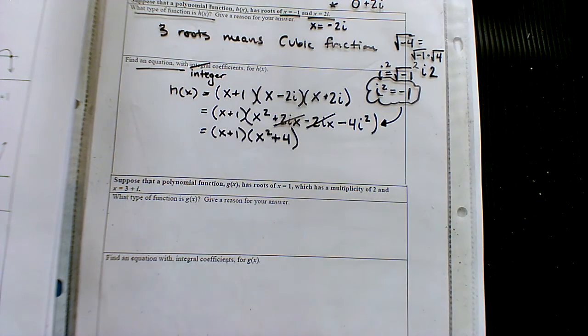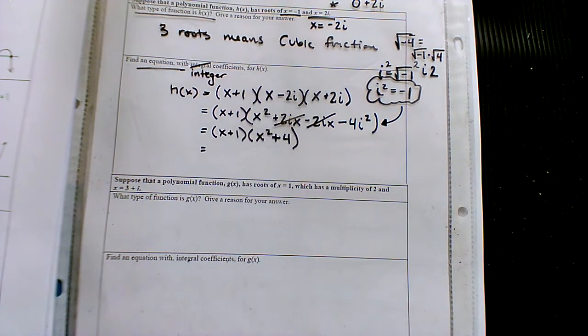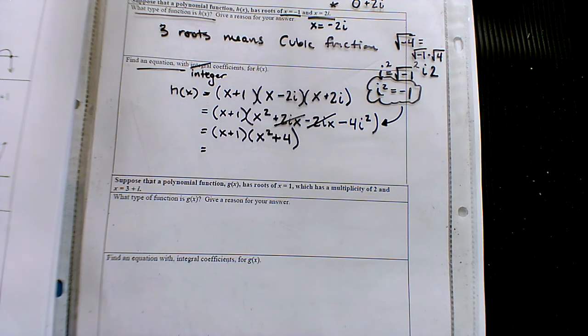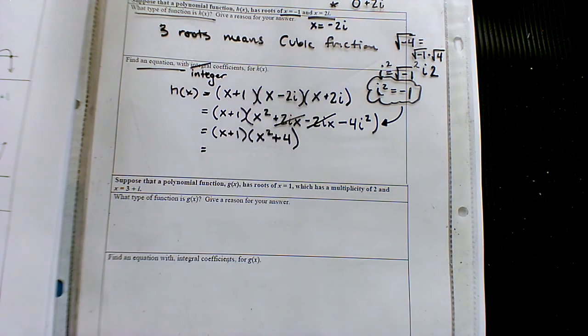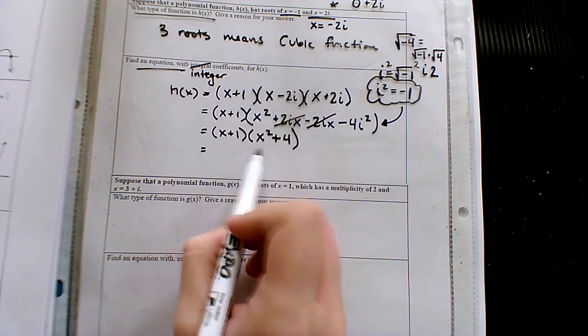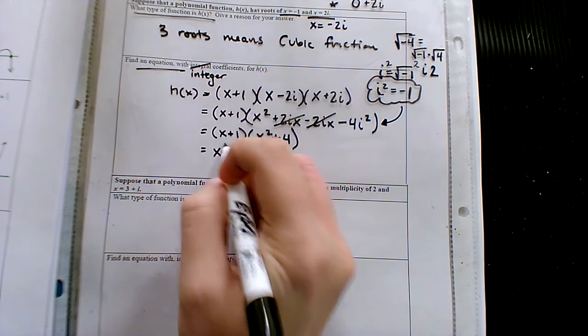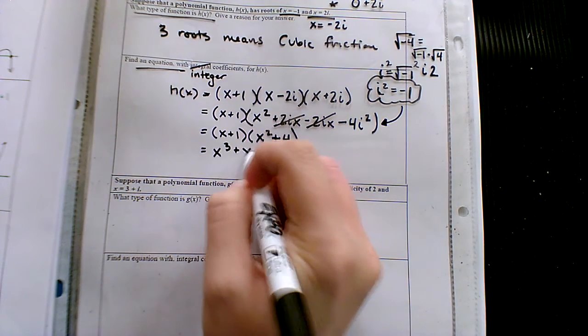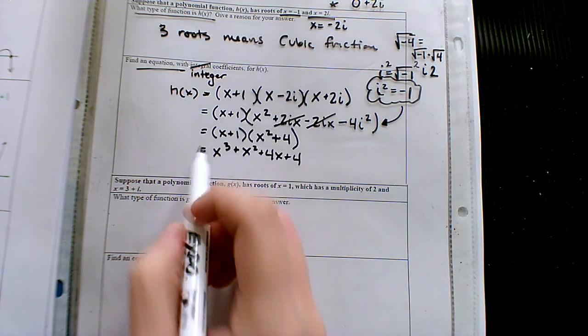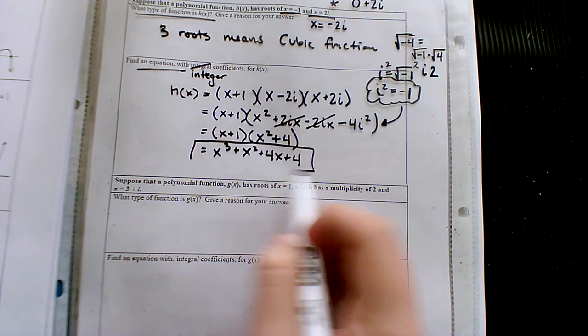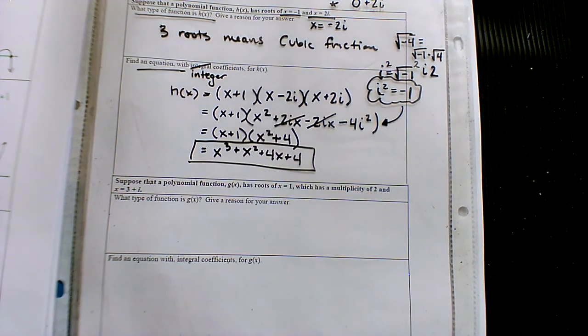Okay, all the i's should go away. Now, we're not exactly done yet, because we still have more expanding to do, but now that all the i's are gone, I think it should be pretty straightforward. We're going to have to go through another FOIL process. And I don't think we have any more like terms to combine, so we'll just leave it the way it is.